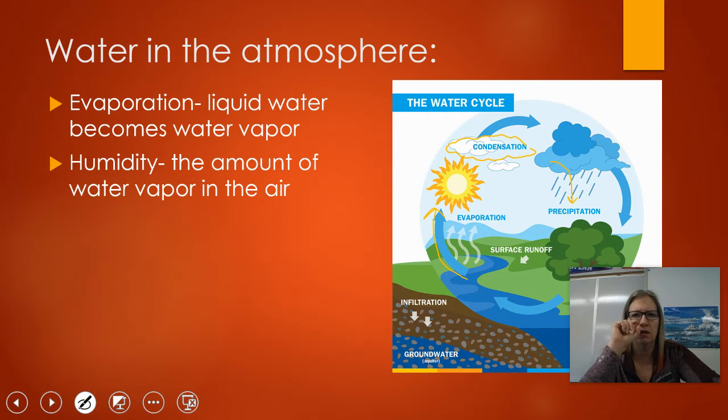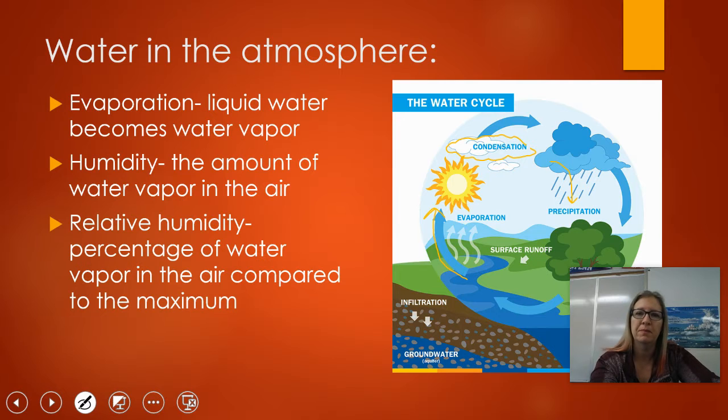Humidity is just a description of how much water vapor there is in the air, okay? And then relative humidity is a percentage based on the maximum amount of water vapor the air can hold. So that changes depending on temperature, depending on where you are. And so the maximum would always be known as 100%, but 100% might be different amounts in different areas, different climates, okay?